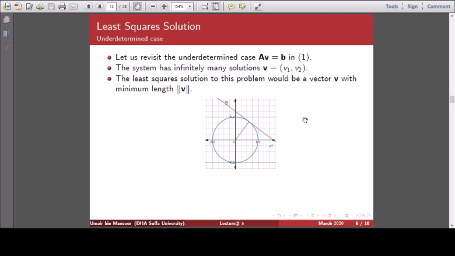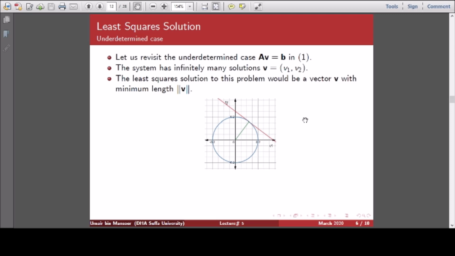So you can see the green vector from origin to the point where it touches the system, that is represented by the red line.